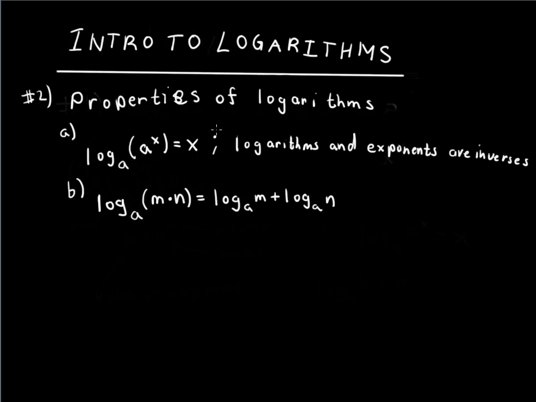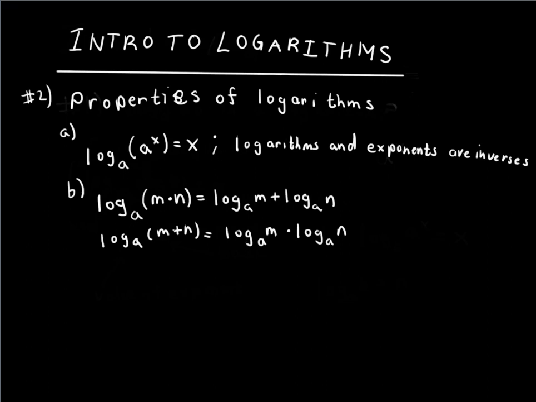This should not be confused with a common misconception, where a lot of people like to say that log a of m plus n is equal to log a of m times log a of n. This is wrong, and it's really easy to make a mistake between these two, so you should always thoroughly remember the first one and not the second one.